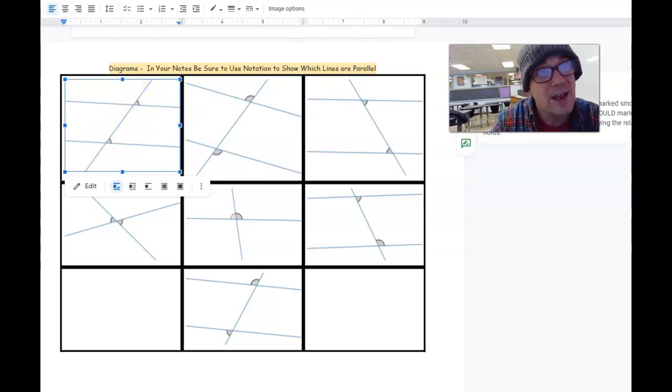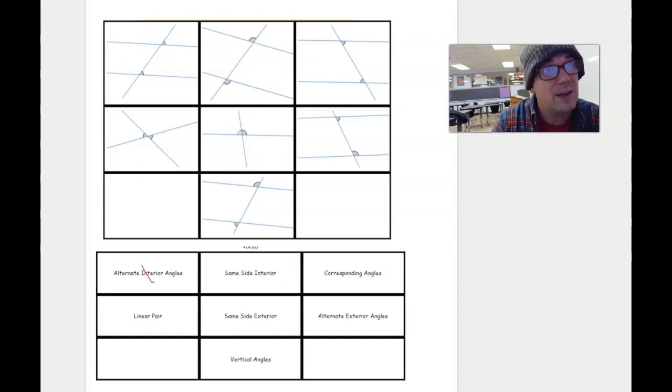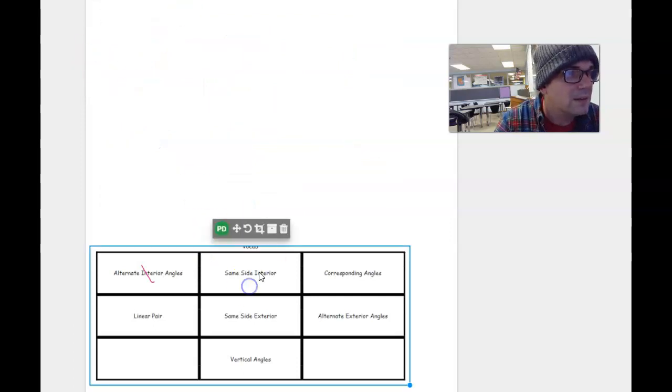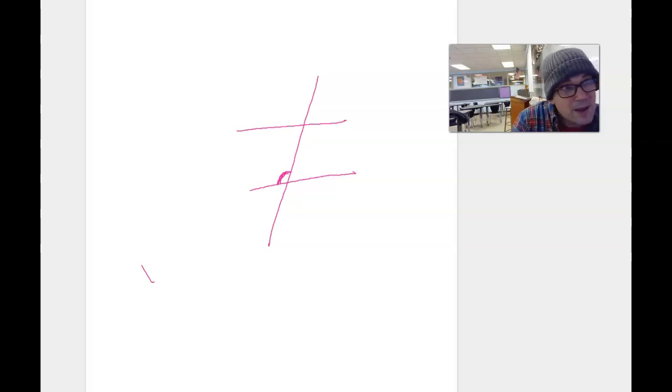There's lots of ways to have corresponding angles, so just to give you another heads up. I'm going to delete some things off this page. If I had another set of parallel lines and a transversal, this angle here, if I were to slide it up here, would correspond to this angle here. So those would be considered corresponding angles.